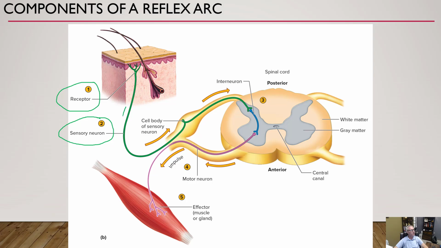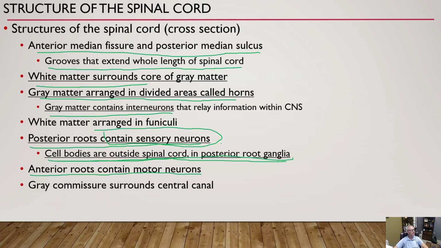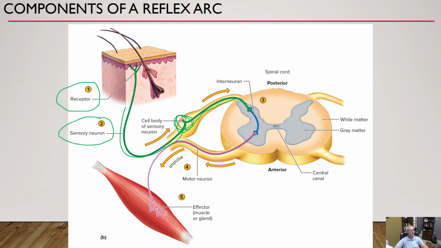Those sensory neurons come into the posterior root ganglia where those cell bodies are, and they travel into that gray matter where they contain those interneurons.